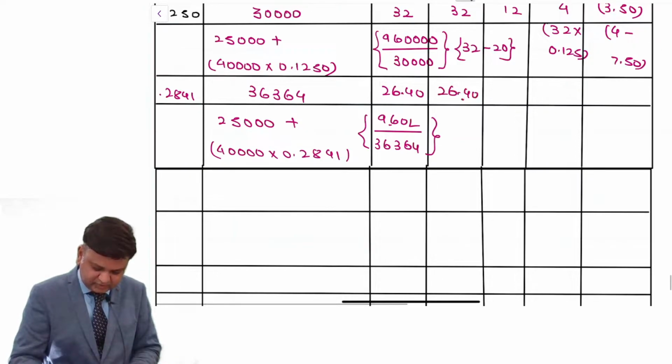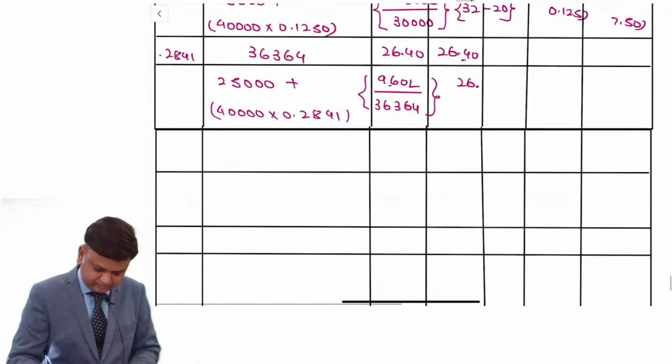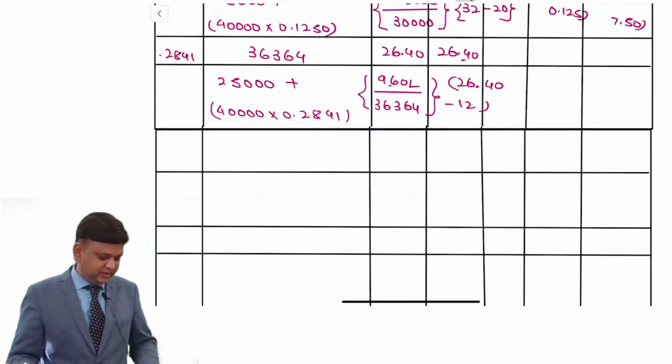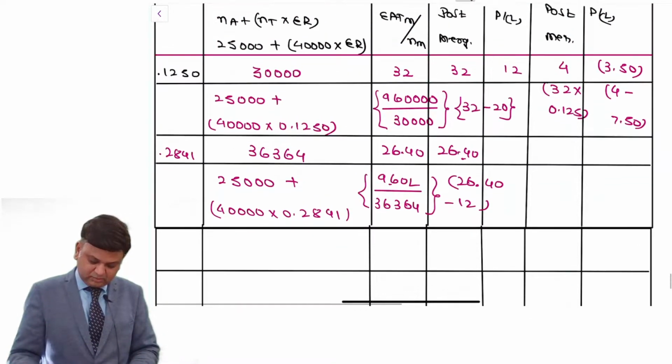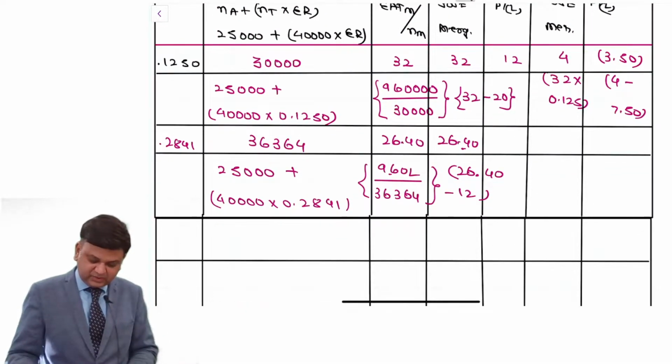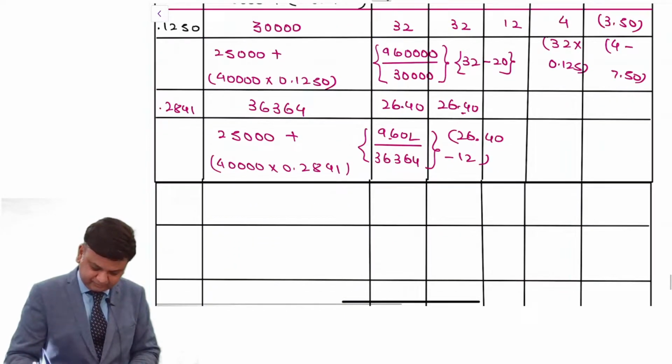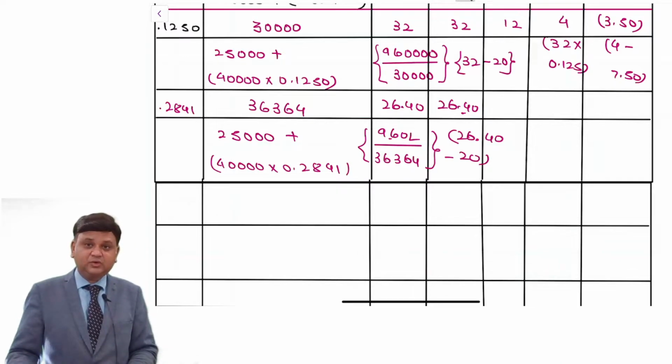This is 26.40. 26.40 minus 20. That comes to 6.4.